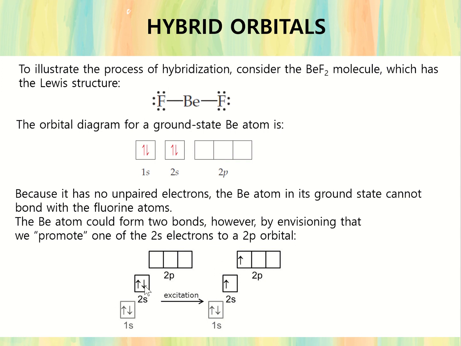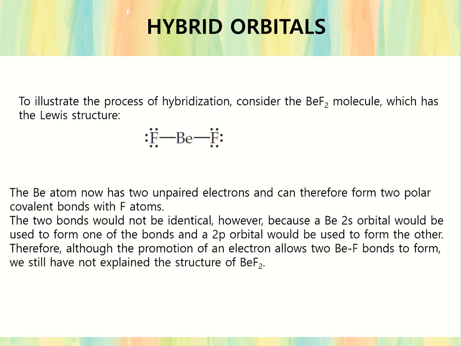So on excitation, one of the electrons is promoted to a higher energy level in a 2p orbital. So the beryllium atom now has 2 unpaired electrons and can therefore form 2 polar covalent bonds with fluorine atoms.